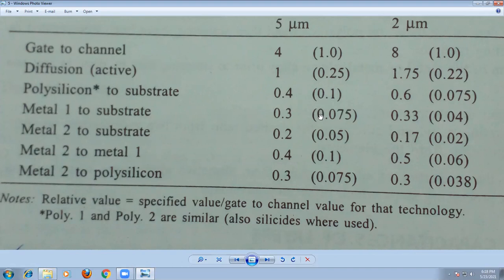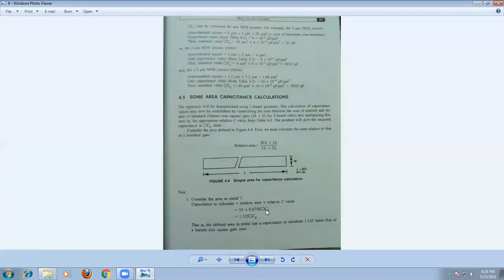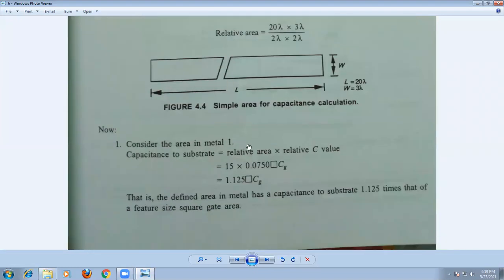Substitute 0.075 here. If you consider the relative values, the unit you will get is square CZ. This is the most important thing you have to remember.